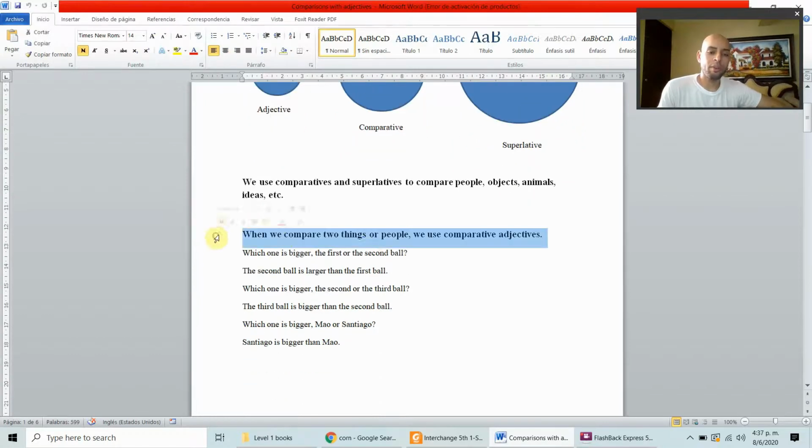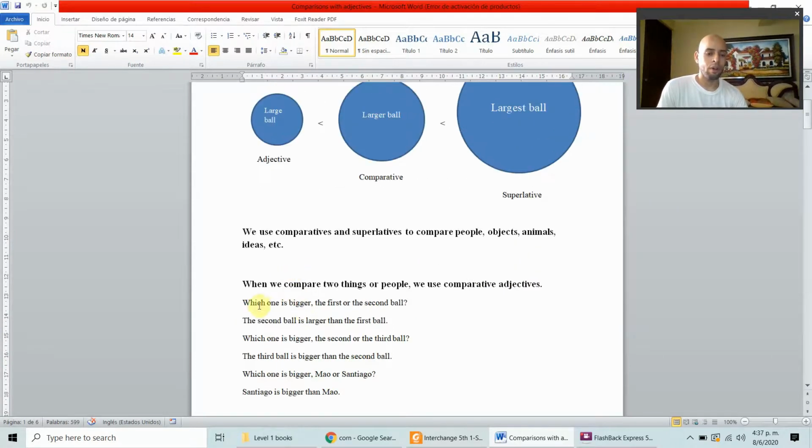So when we compare two things, or people, or animals, or ideas, anything really, we use comparative adjectives, like we explained some seconds ago. For example, which one is bigger, the first or the second ball? Well, the second ball is larger than the first ball.